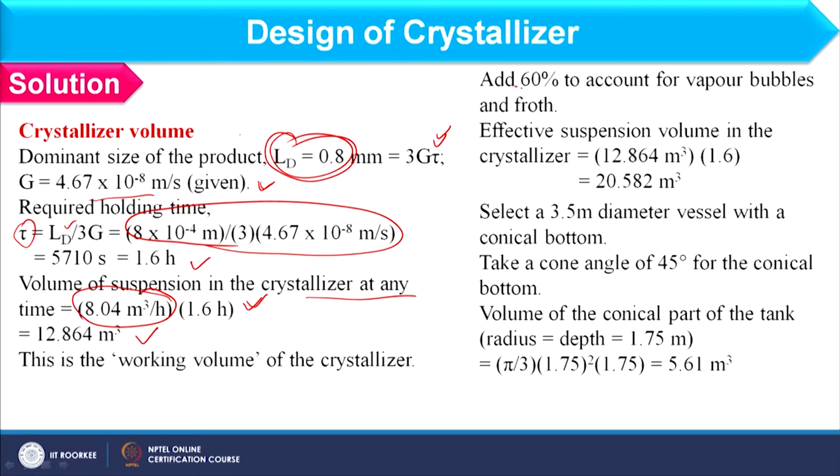So, we need to add 60% to account for the vapor bubbles and the froth. The total volume of the crystallizer we can obtain as 12.864 meter cube into 1.6, because we are considering 60% extra, right. So, the total volume of the crystallizer we can obtain as 20.582 meter cube.